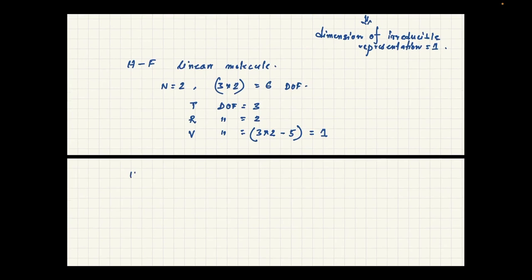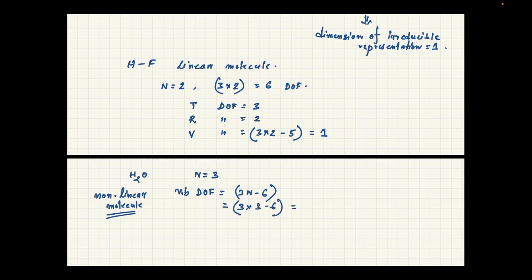Now for H2O, n equal to 3. It is a non-linear molecule, right? So the number of vibrational degrees of freedom will be 3n minus 6, so 3 times 3 minus 6 equal to 3.